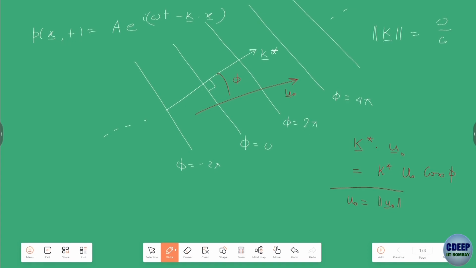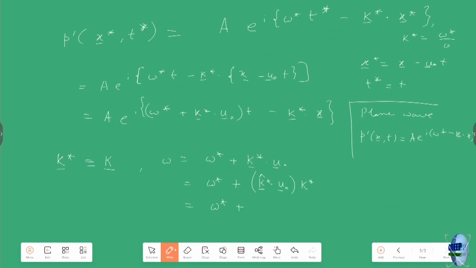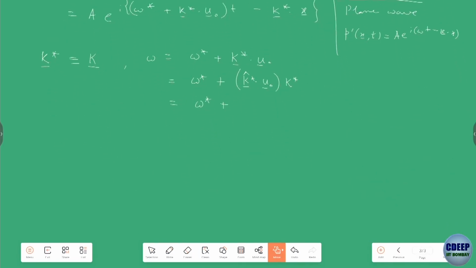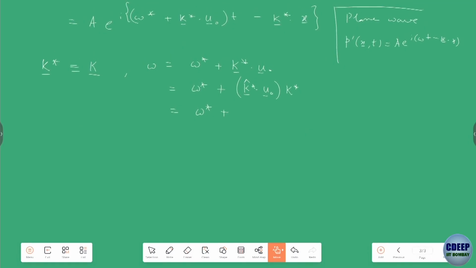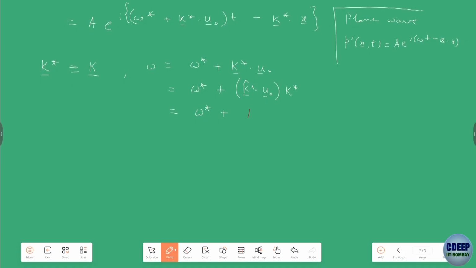Okay, thank you. I'll use theta. The notes have got theta, but so what? So going back and plugging that in here. So this is kappa dot u naught is kappa star, the magnitude, u0, the magnitude, times cos phi.